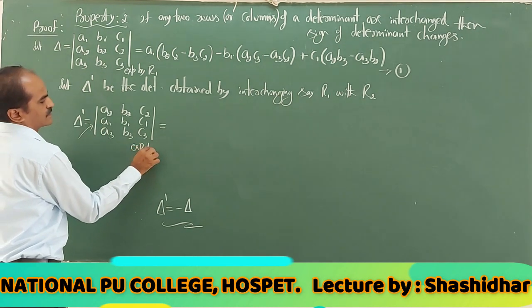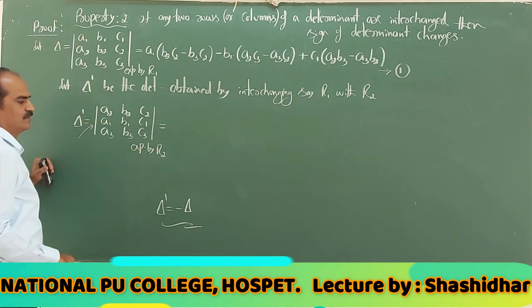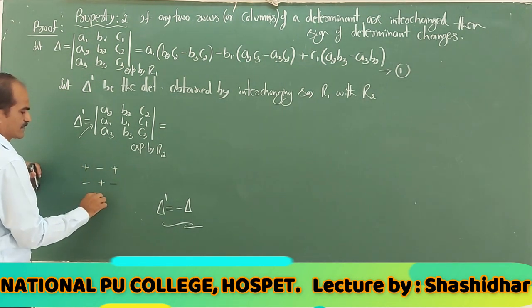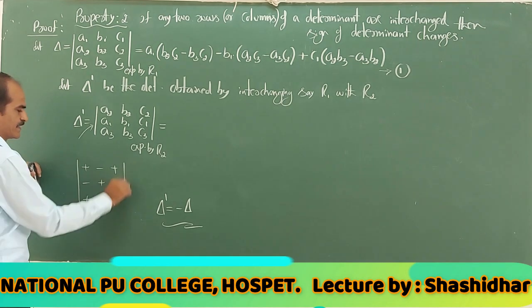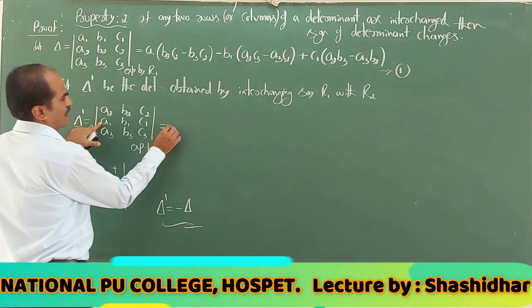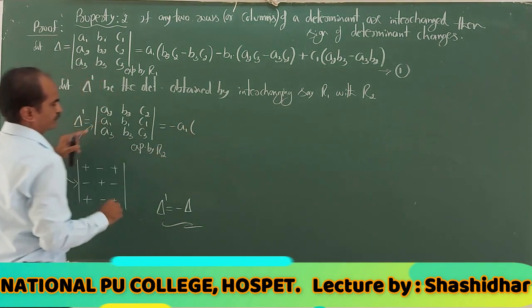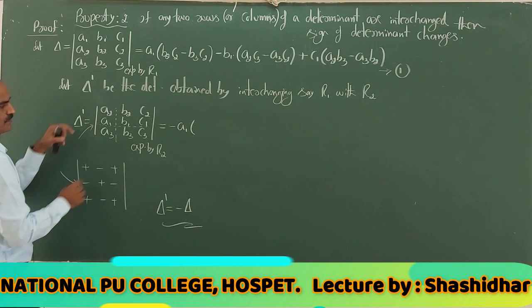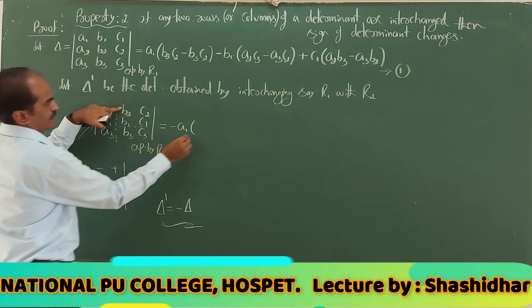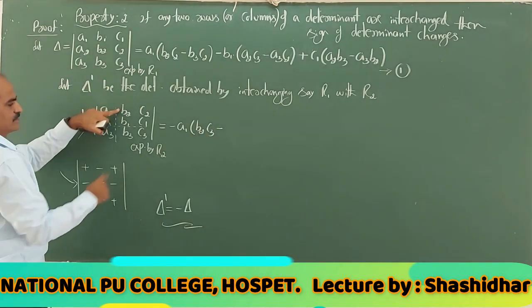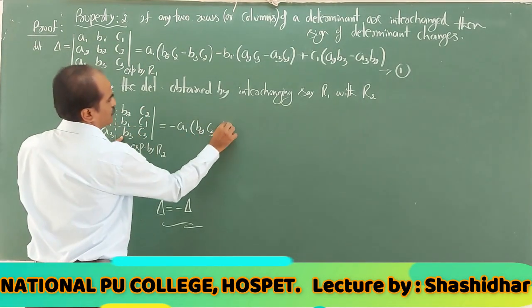So I write expanding by R2. What are the signs I have to follow when I am expanding by second row? Minus plus minus. So minus A1 into, leave second row, first column, B2 C3 minus B3 C2.